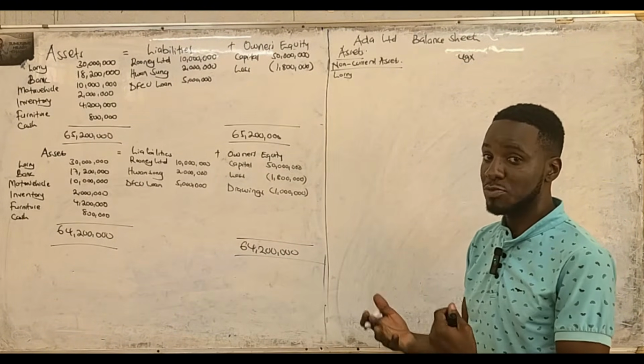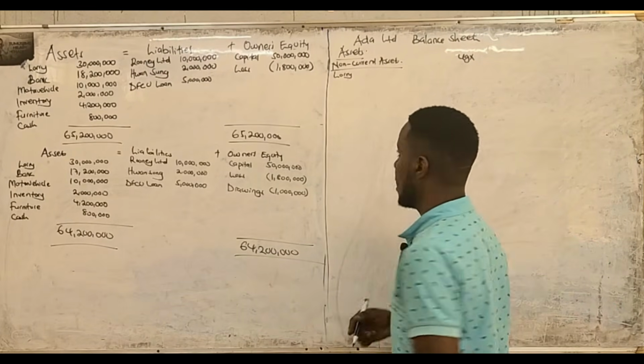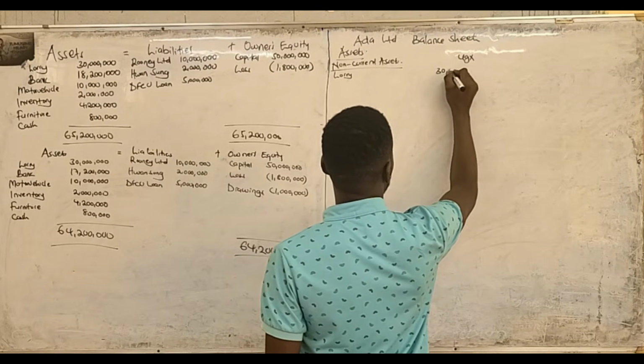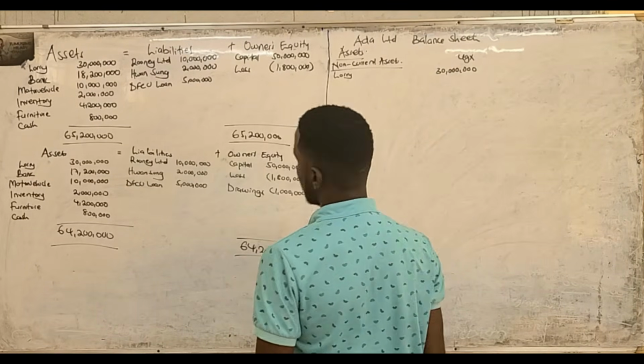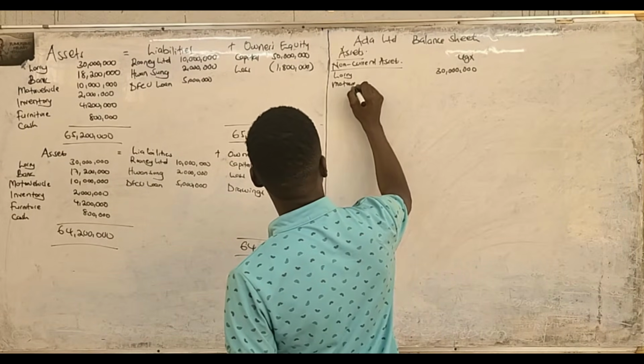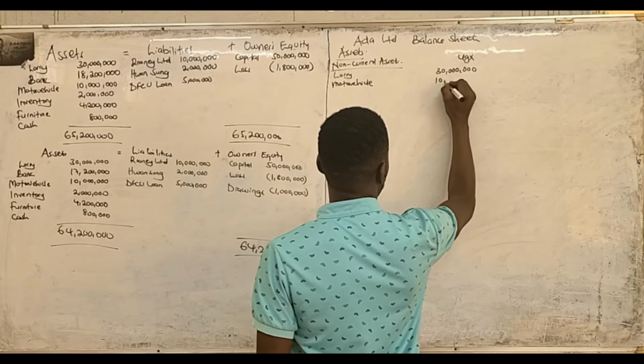Assets which have tangible presence. Assets whose usage is more than one accounting year. So we have a lorry, which is 30 millions. Then we have a motor vehicle. Motor vehicle is 10 millions.